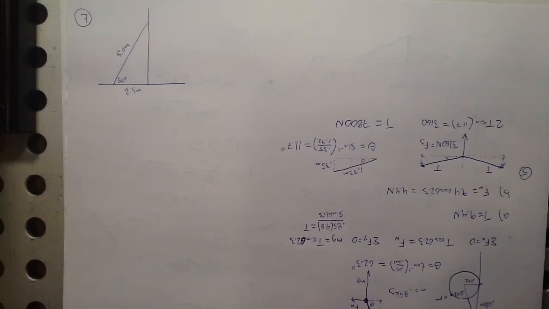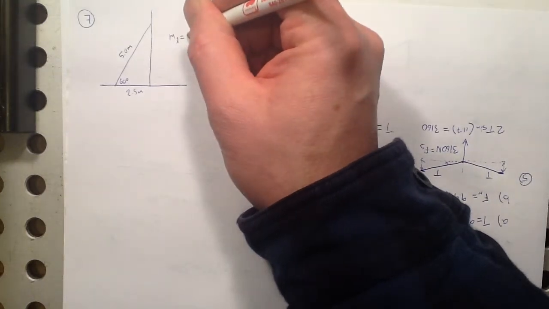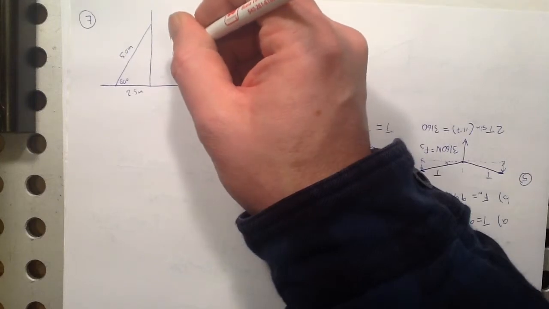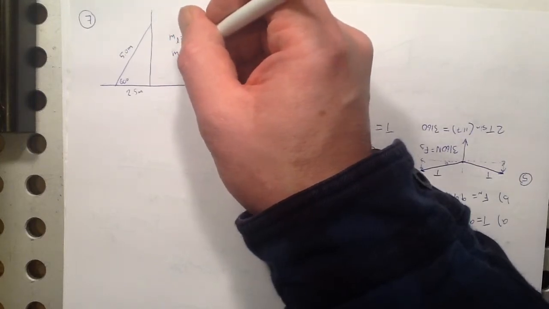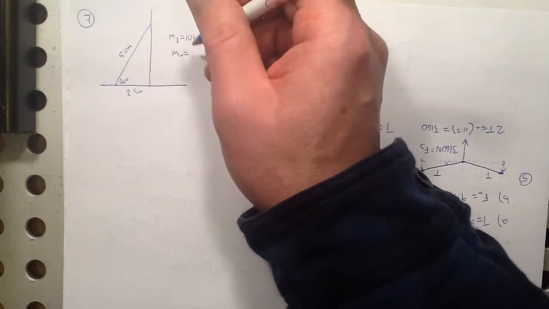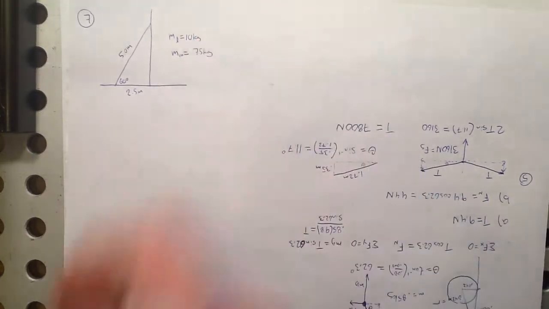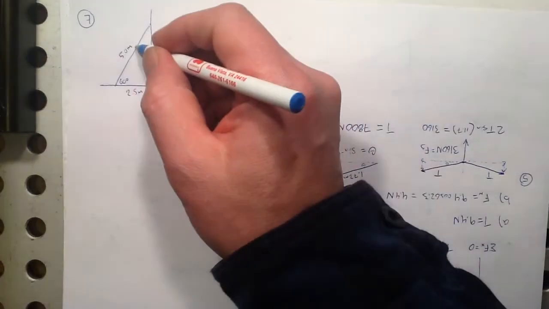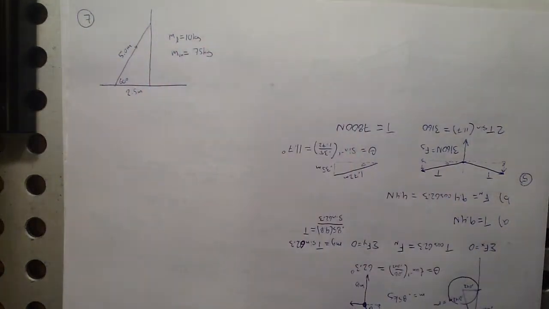And the mass of the ladder is 10 kilograms. And the mass of the man is 75 kilograms. He's 3 meters up the ladder, so he's somewhere about here up the ladder.